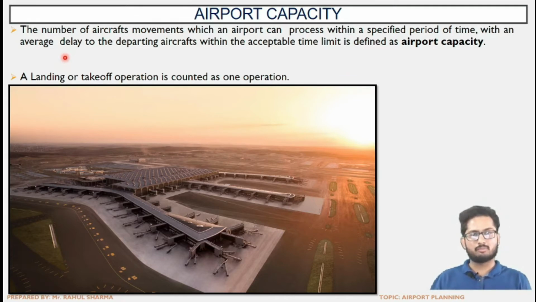So if the movement is within that permissible delay and within the acceptable time limit, then there is not an issue. That is how the number of aircraft being handled is termed as airport capacity, and as I told, landing and takeoff both are termed as separate operations.